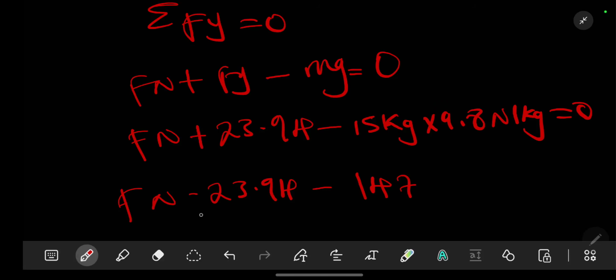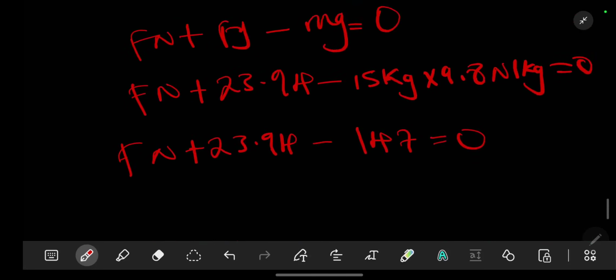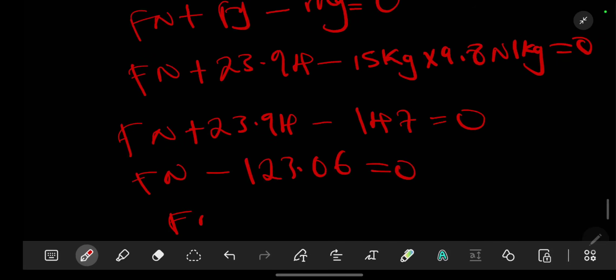So not minus, plus here. So Fn plus 23.94 minus 147 gives us negative 123.06, which should be equal to 0. So the normal force is 123.06 newtons.